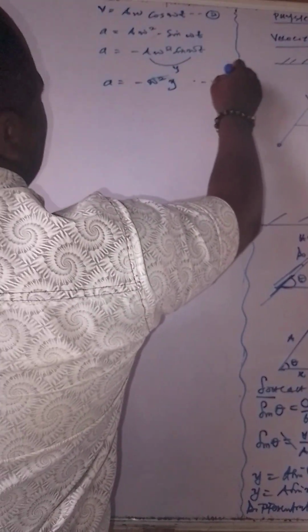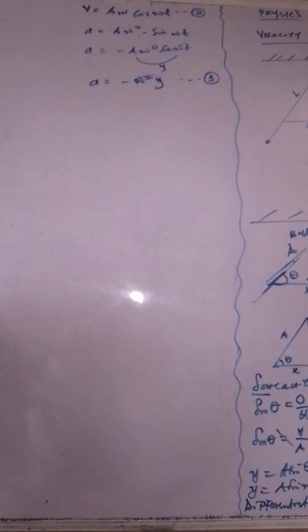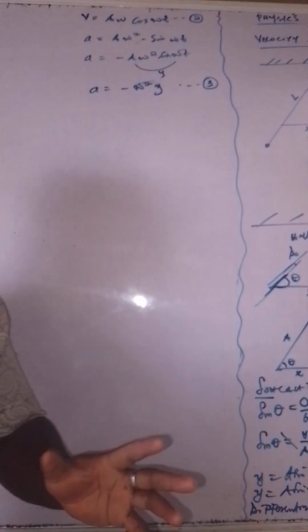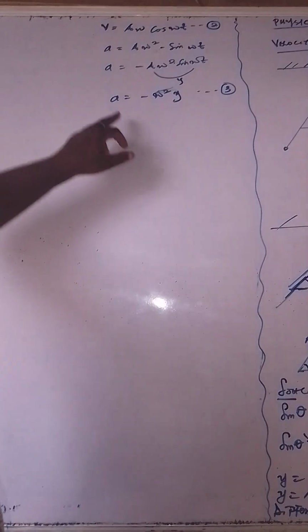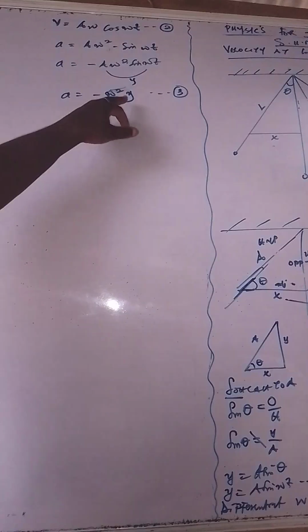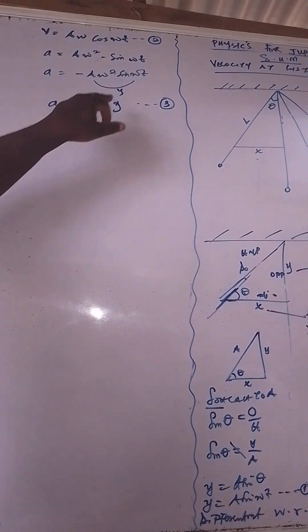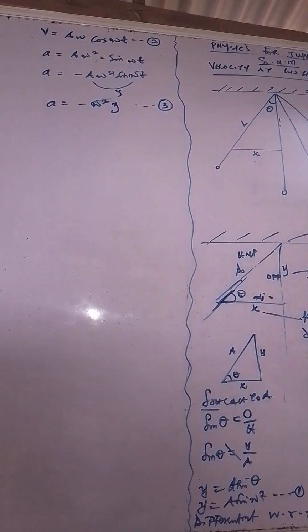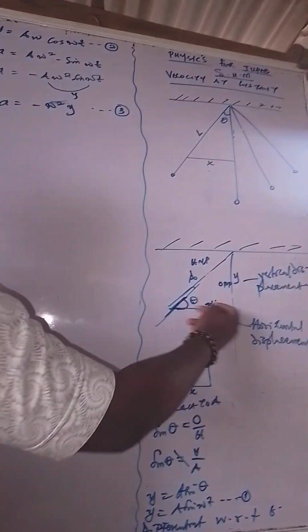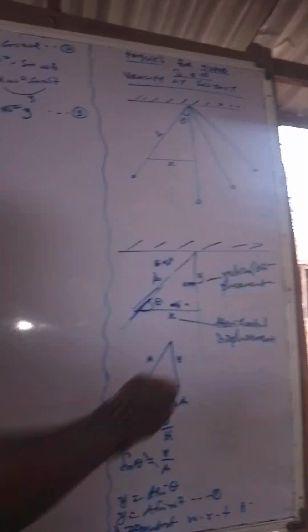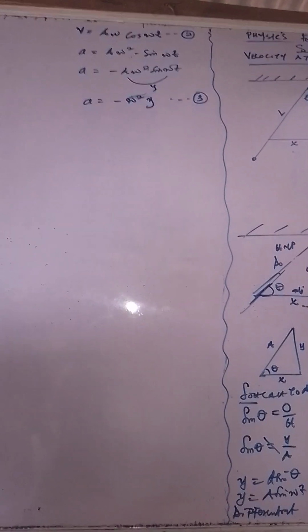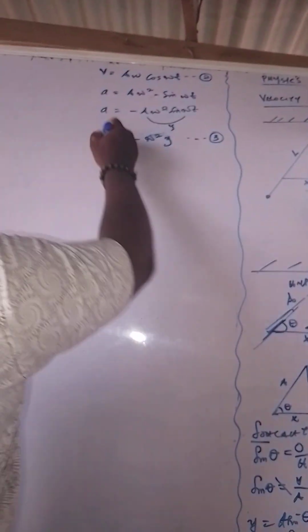Take this as equation 3. From the definition of simple harmonic motion, it states that acceleration is directly proportional to displacement from the rest position, the horizontal displacement, the vertical displacement. Do you understand? So take this as equation 3.